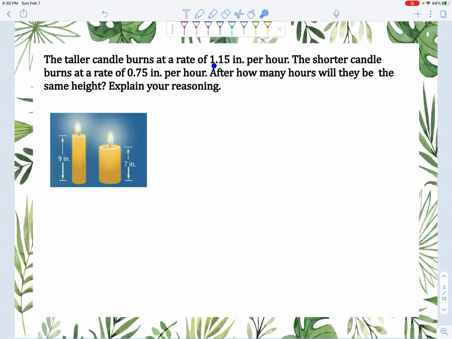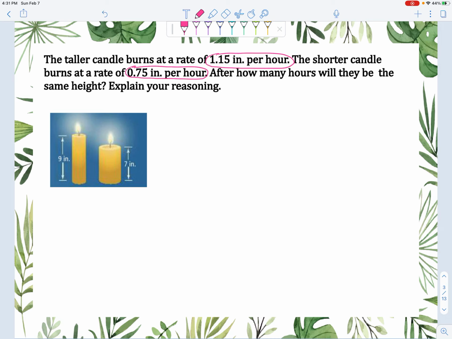The taller candle burns at a rate of 1.15 inches per hour. So they're giving us a rate. That's important information. The shorter candle burns at a rate of 0.75 inches per hour. So that's another rate. After how many hours will they be the same height?